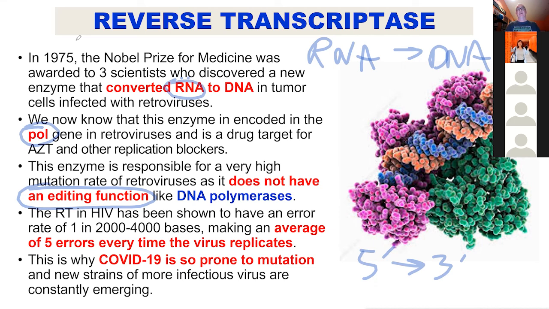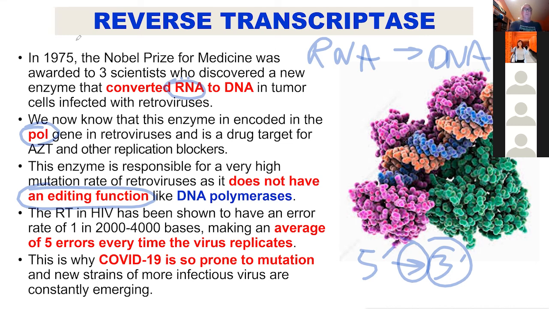If they find an error, they can back up and take some of those sequences out and then remake them. If the H bonding isn't right, if they don't fit properly in the polymerase active site, it can go backwards and correct it. Reverse transcriptase can't do that. Basically it just makes a copy and that's it. It doesn't go back and fix it.